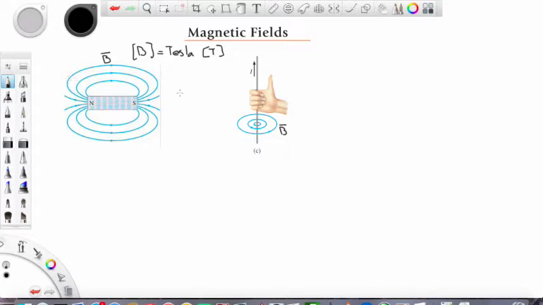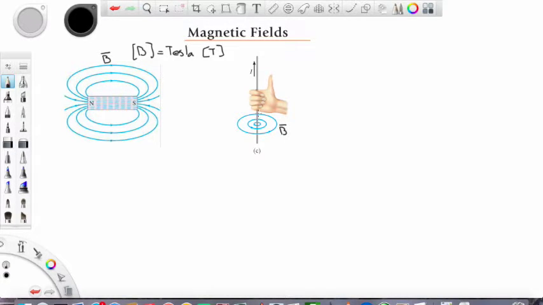And just so you know, the suspected cause of all of this is the spin of an electron. So some kind of movement of electrons produces magnetic fields, and they manifest themselves on a macroscopic scale, like this in a bar magnet, for example.